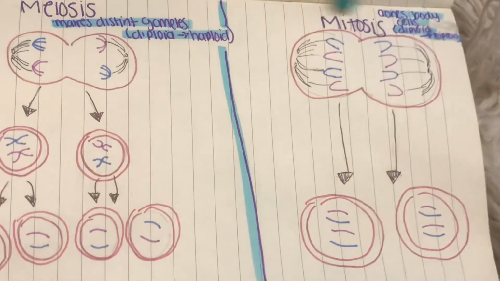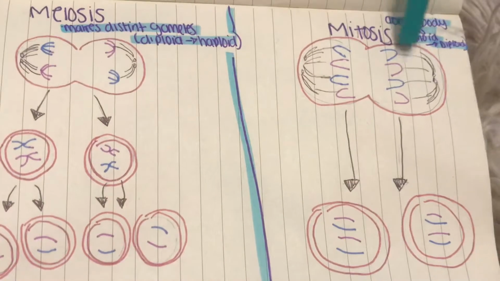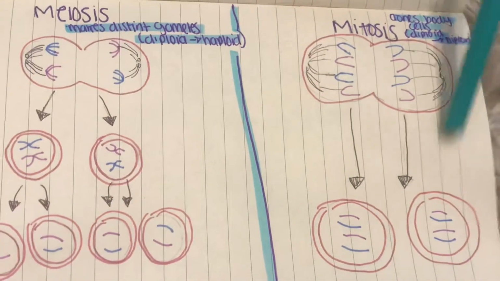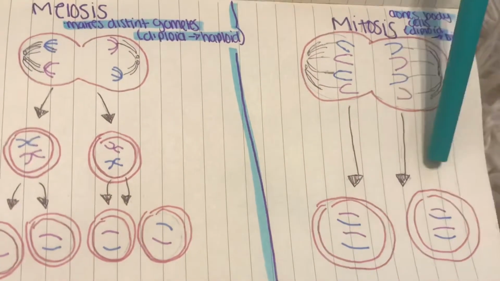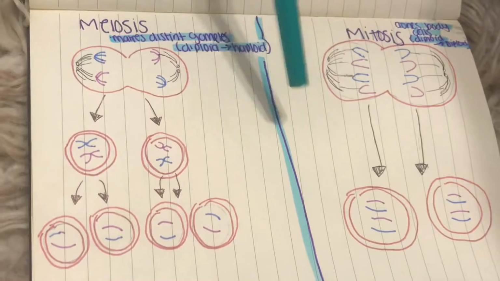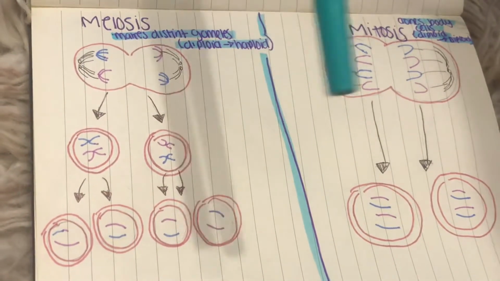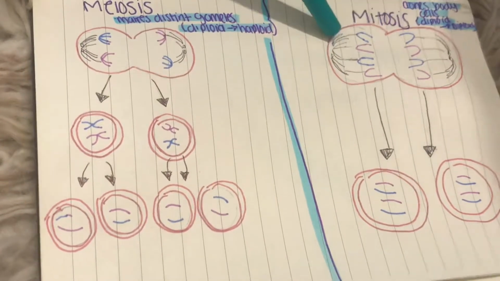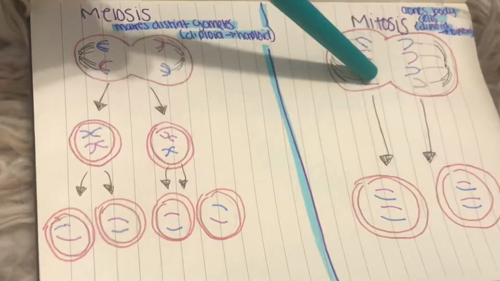It begins with a parent cell, and then it distributes itself into 2 daughter cells that are exactly the same as the parent cell, producing 2 diploid daughter cells. So mitosis produces clones of itself, its chromosome number remains the same, and the genetic variation doesn't change. It's just cloning, like if you were to clone yourself, 2 daughter cells that look exactly the same.